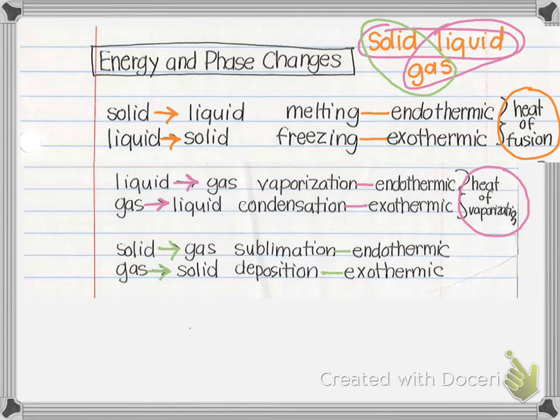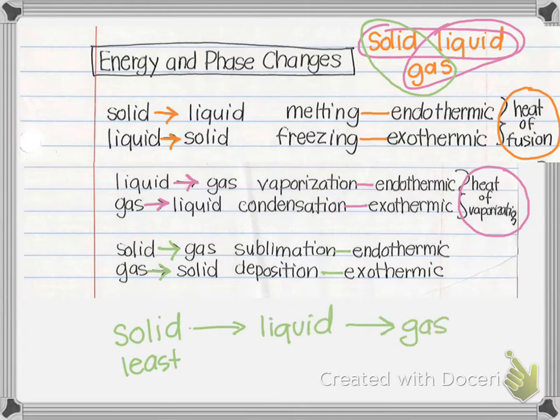So understand, going between different phase changes, in terms of energy, remember this. The solid has the least amount of energy, and it's partly kinetic energy, right? And then you have a liquid, which would have more than a solid. And then we have gases, which, remember, are moving very quickly, and this has the most energy.